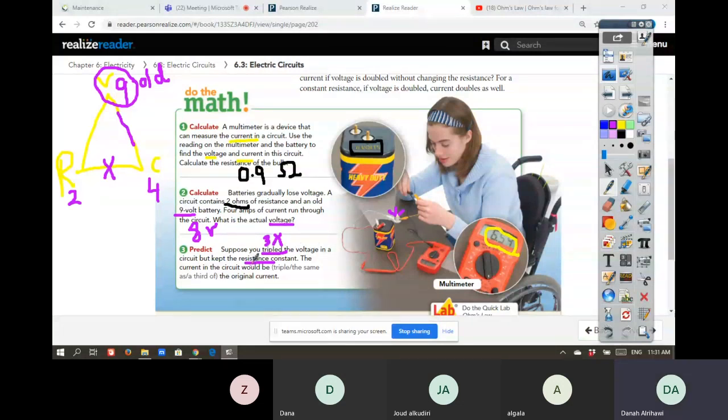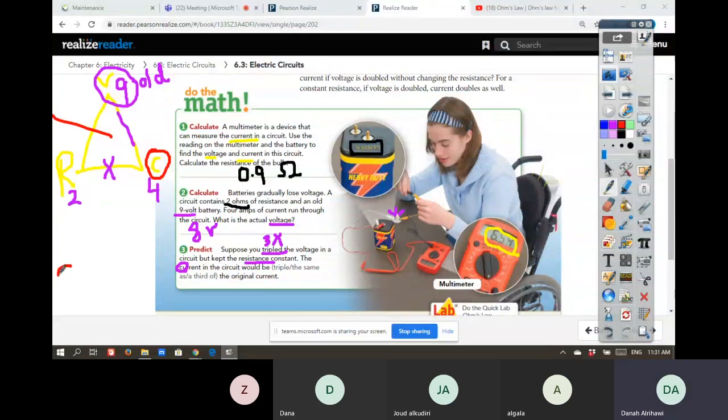I want to talk about what happened to the current. So now, the missing thing is the current. I'm talking about volt and the resistance, so it is division. So what happened to the current? It will treble, be the same, or become a third of the original current.